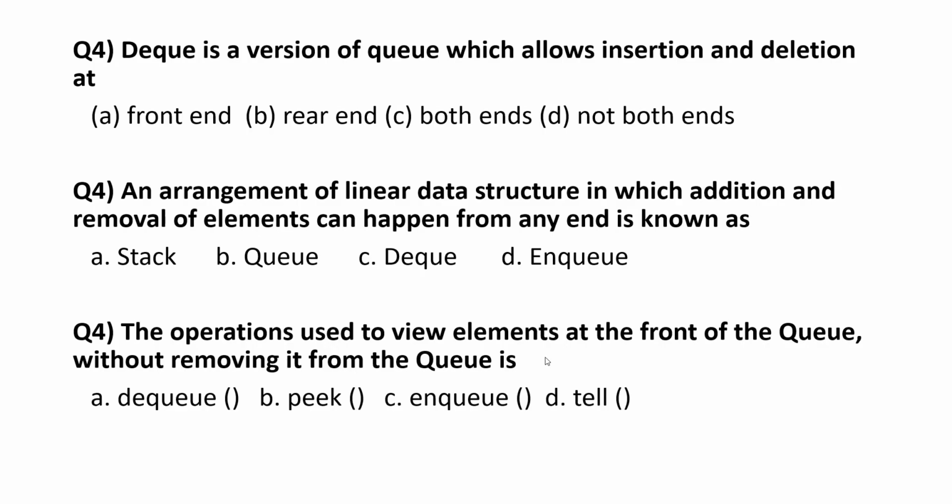Then what is the answer? Dequeue removes the element. The peek operation is used to view elements at the front of the queue without removing it from the queue.